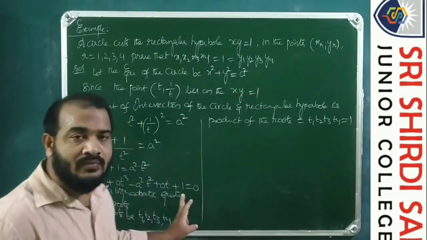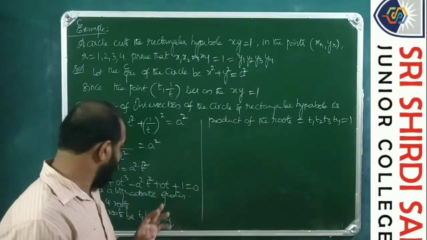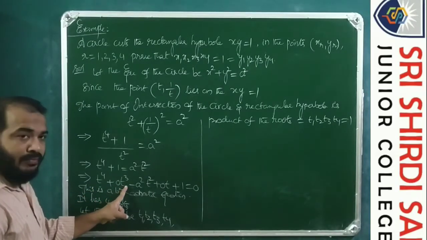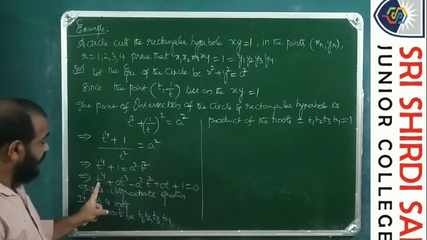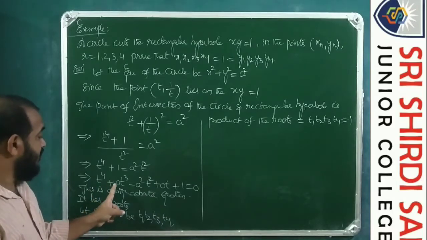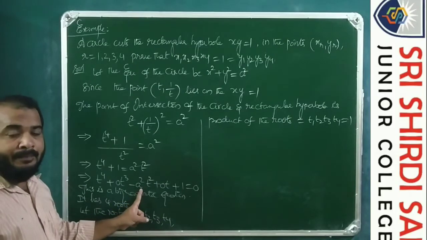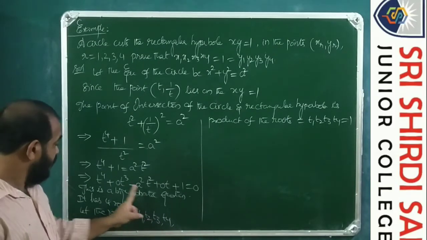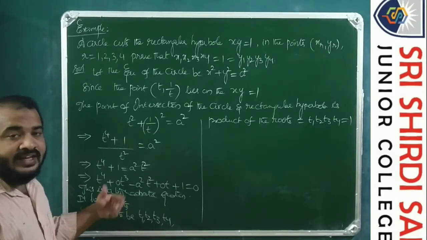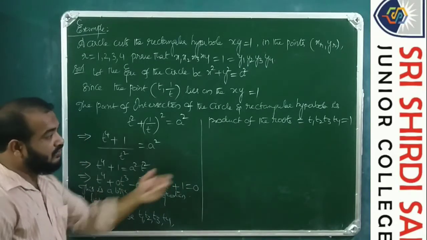We have seen this in the theory of equations in part A. So here minus P1 by P0 is t1 plus t2 plus t3 plus t4, sum of the roots, and product of the roots taken 2 at a time is P2 by P0. Likewise, taken 3 at a time, taken 4 at a time. So this by P power 4 quotient is 1. So this is what we'll get.